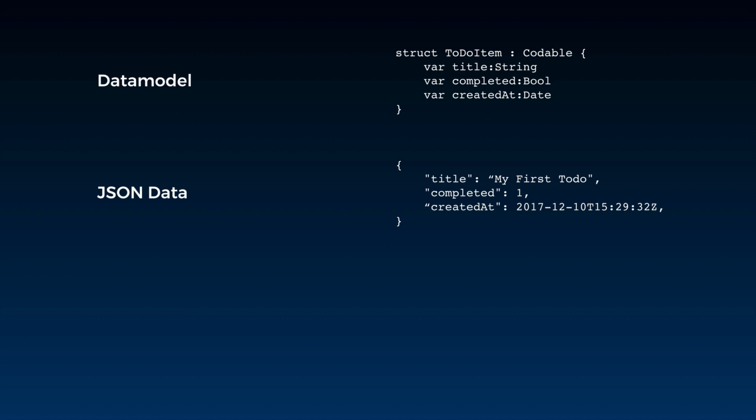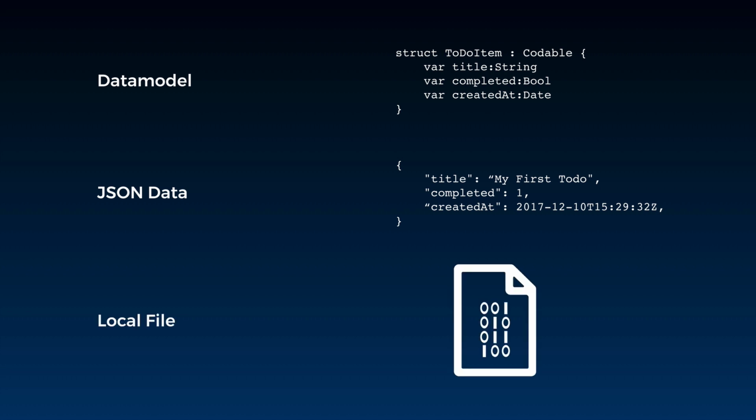And because we have adopted this Codable protocol for our data model, we can very easily transfer our data model from our properties into JSON code and then save a local representation as a local binary file from this JSON code and load this data and get it back into our application and of course override it and so on.